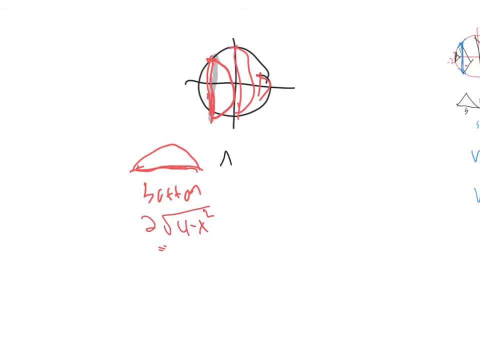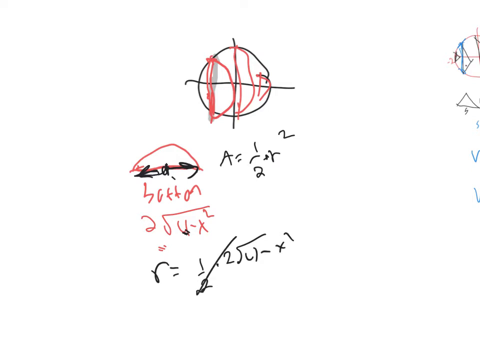It's half. Area is 1/2 pi times the radius squared. This side is actually 2 of the radii. So the whole side is 2 of the radii. I want half of that. So radius will be half of that side. Half of 2 times square root of 4 minus x squared. That cancels out, so my radius is simply the square root of 4 minus x squared.